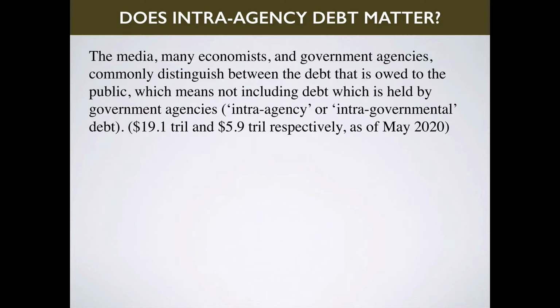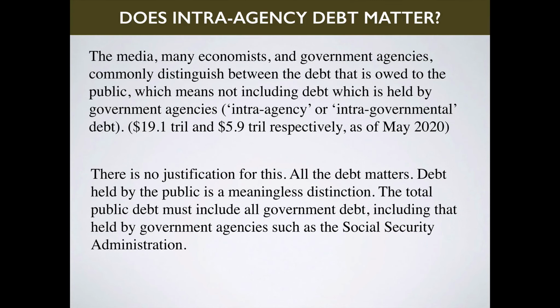The amount held by the public is $19.1 trillion. The amount held by government agencies is 5.9 trillion dollars. And again, this is as of May 2020. The debt can change quickly, so you have to get the current figures.